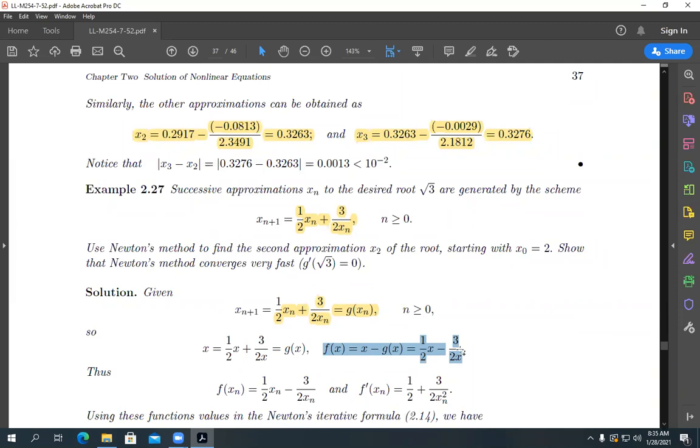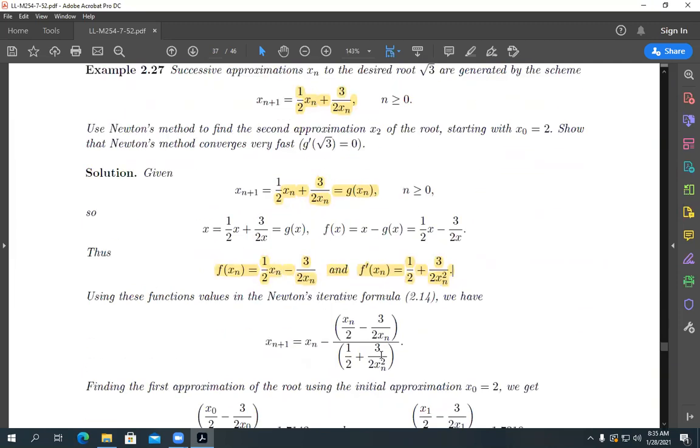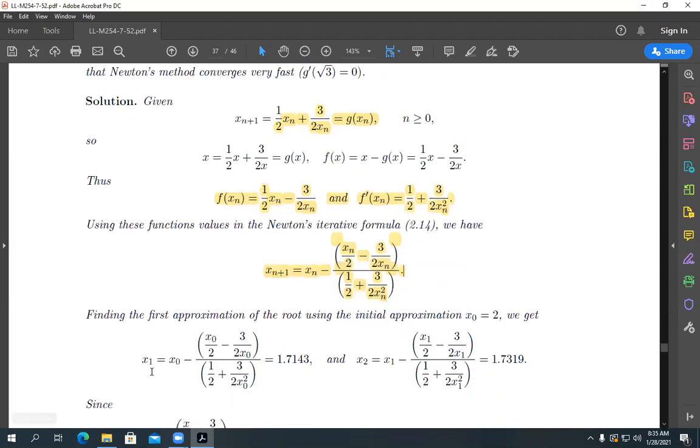When you have f, you can easily find f and f dash, and then you put them into the formula, and then you have the formula. Now, use this formula to find the second approximation. We have x1 is this one, and x2 is this one. This is the same example we did before.